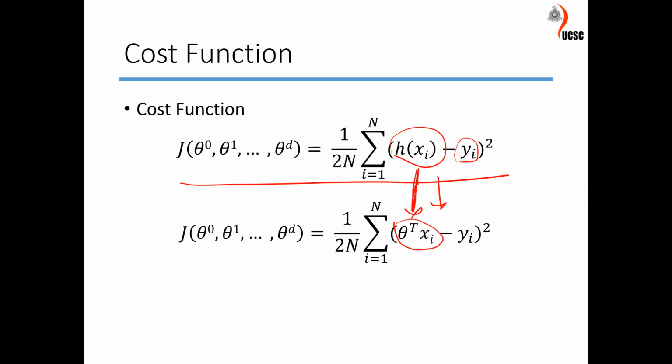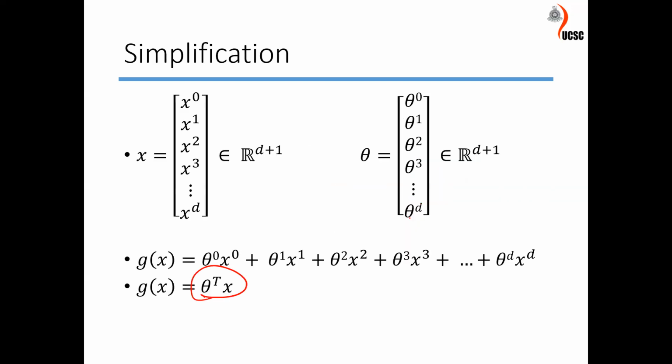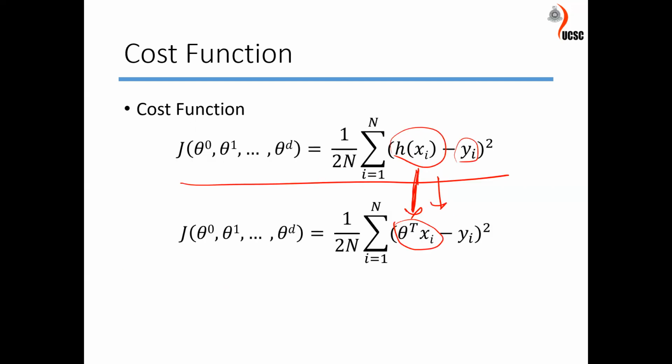We can simply replace it with the previous simpler form, theta transpose x, right? Then we can remove this h(xi) and write it in vector form, theta transpose xi, the same thing.